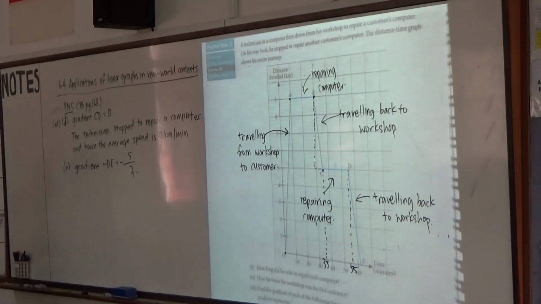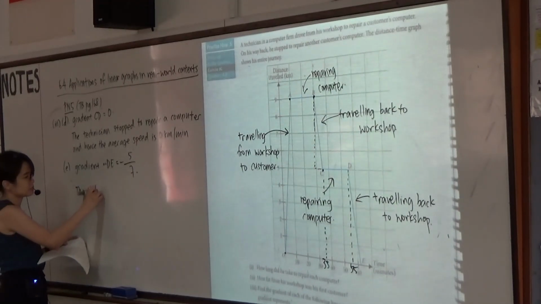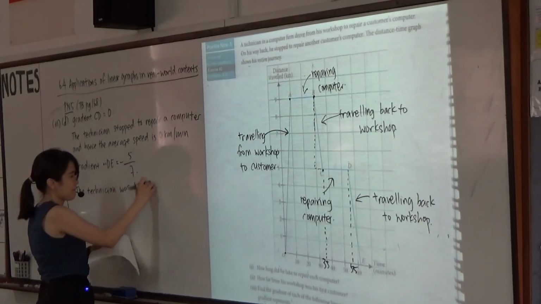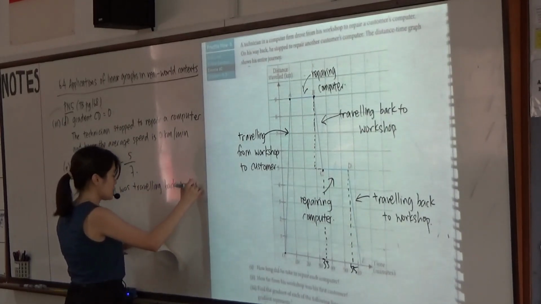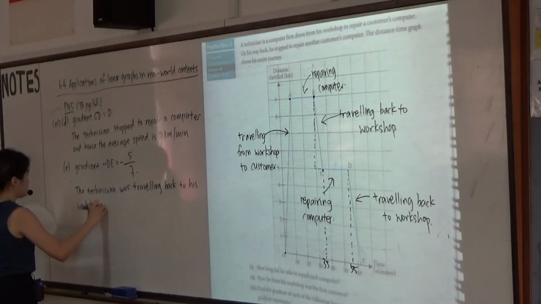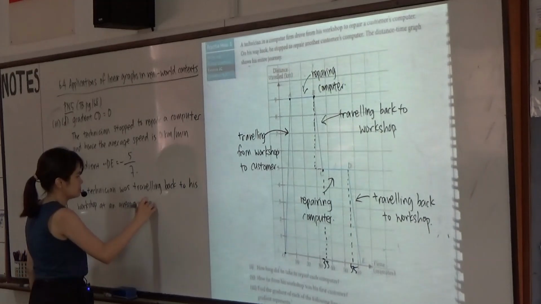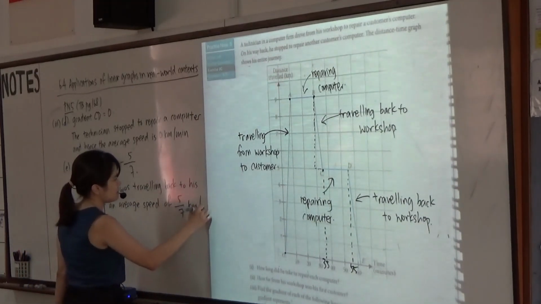The explanation actually remains the same as just now for part C. We say that the technician was traveling back to his workshop at an average speed of 5 over 7 kilometer per minute.